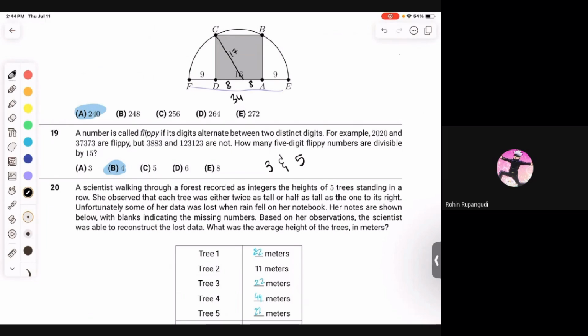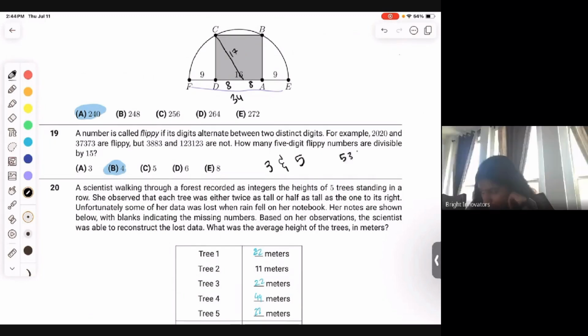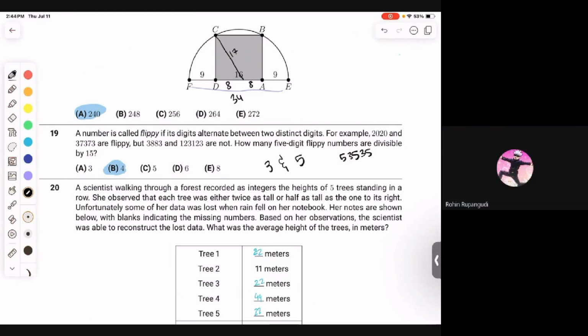So I just tried some stuff and I got 5, 3, 5, 3, 5. It's divisible by 5, and if you add 5 plus 3 plus 5 plus 3 plus 5, you get 21, I think.